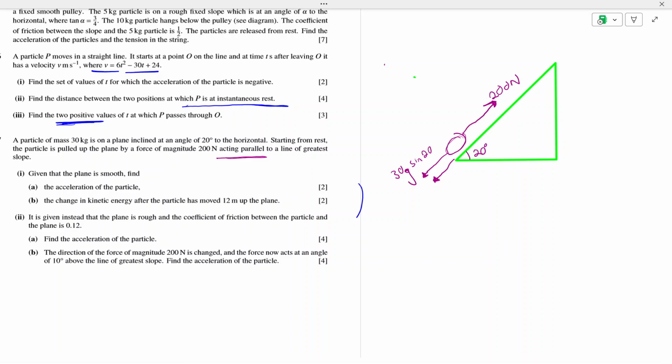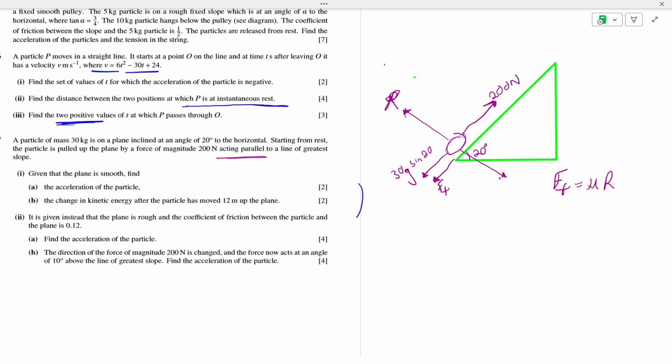Remember, the particle is still moving up; it's opposing motion, and we know that the frictional force, if this is F, is equal to mu R, where R is the reaction.